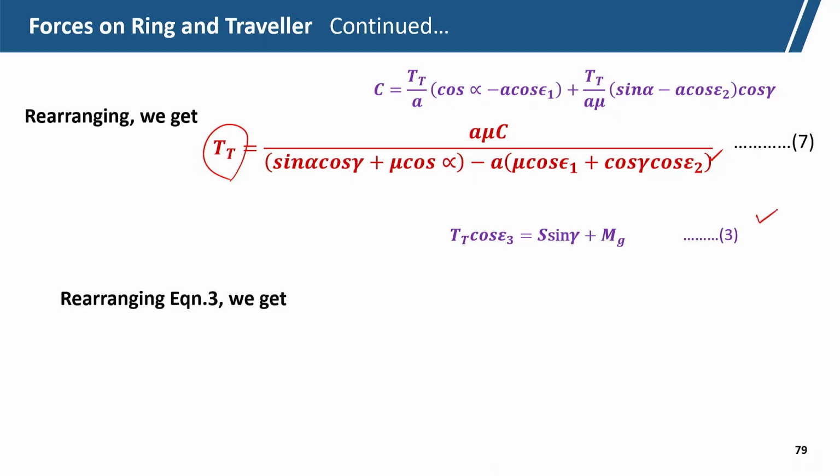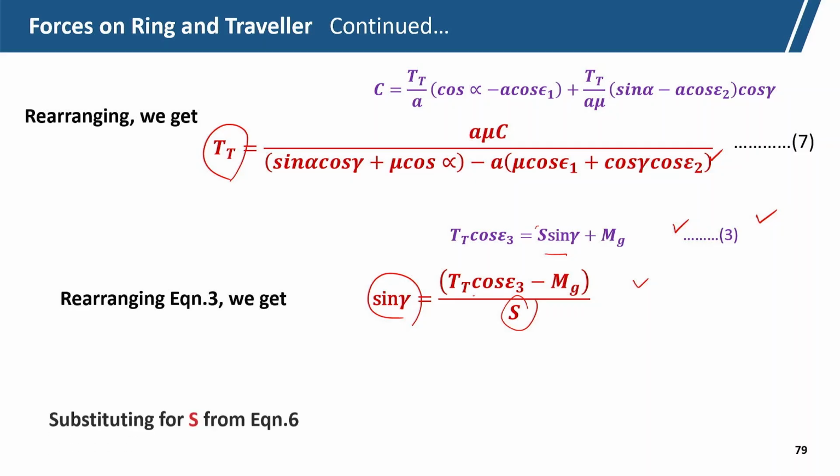And from equation 3, which is T t cos epsilon 3 equal to S sin gamma plus m g, we get this value by rearranging equation 3: sin gamma is equal to T t cos epsilon 3 minus m g by S. This S comes to the denominator. So, for this sin gamma we can substitute S from equation 6.